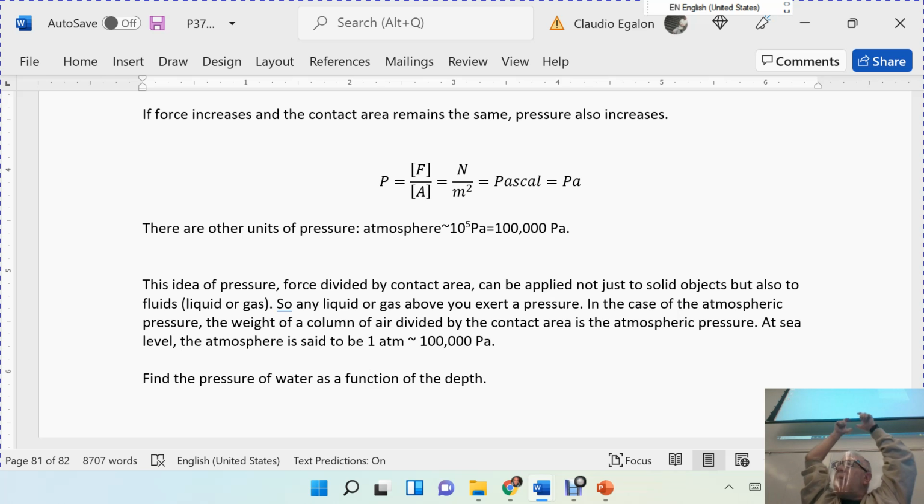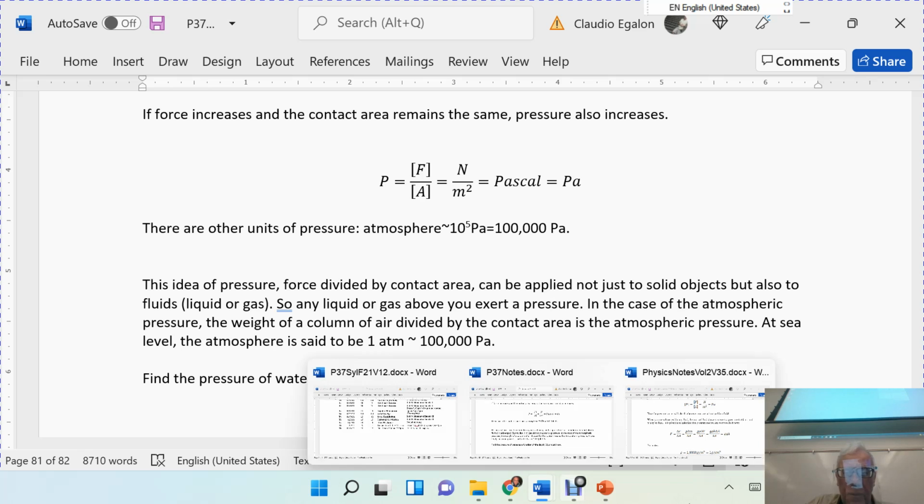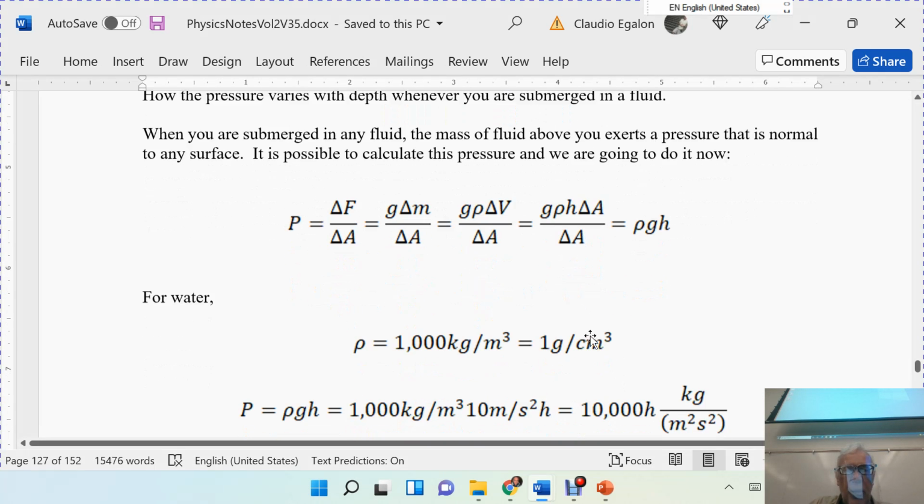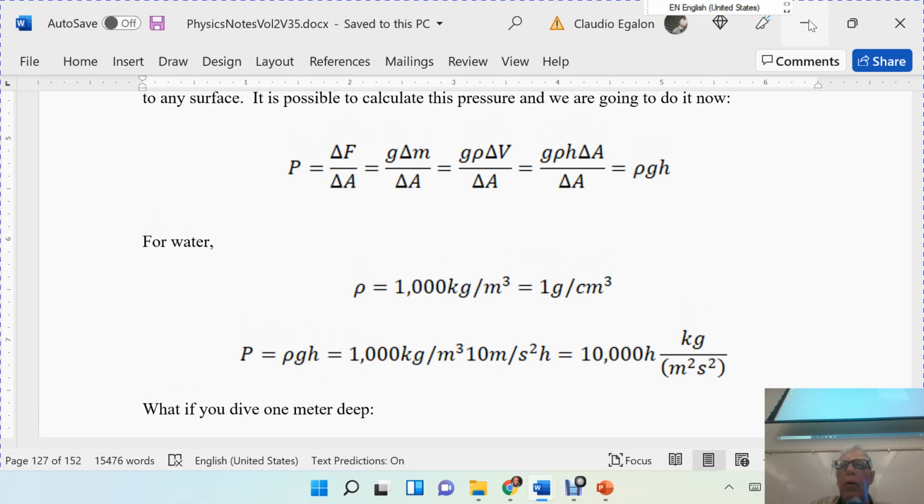The more water you have above you, the higher the weight of that column of water above you, so the pressure should increase. Now let's see how pressure increases with the depth. You must know the depth, of course. I'm going to use the same parameters that I use in my notes, h.